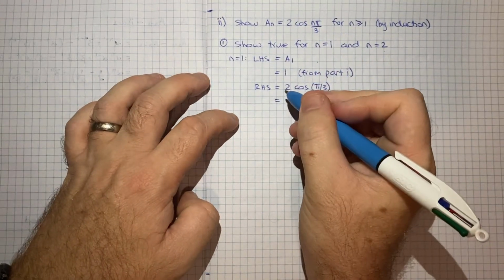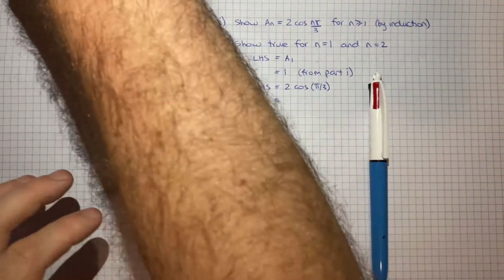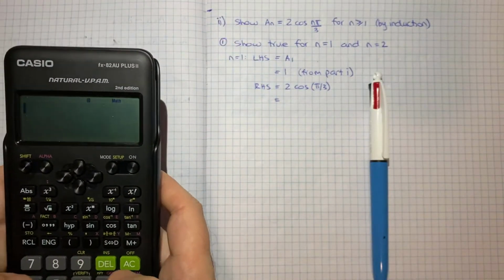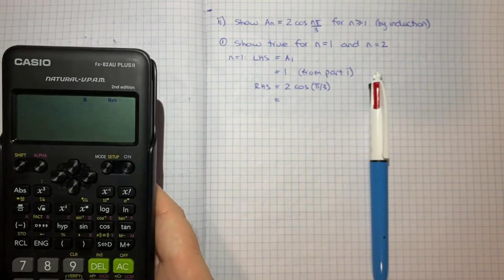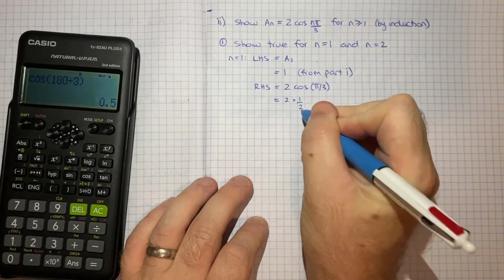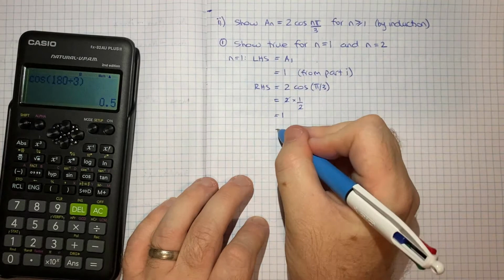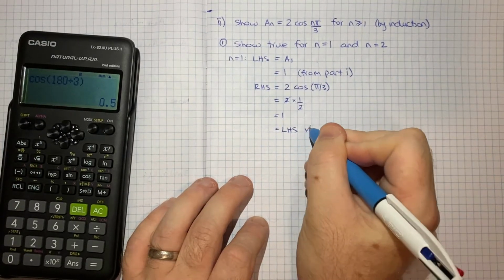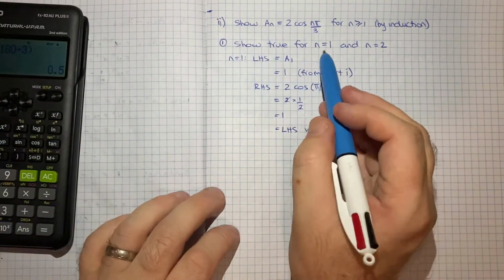Cos pi on 3 should be a half, but I'll just throw that in anyway. Cos 180 divided by 3 is a half, so it's 2 times a half, which equals 1, which equals the left hand side, so that's what we needed. Alright, so that's true for n equals 1.